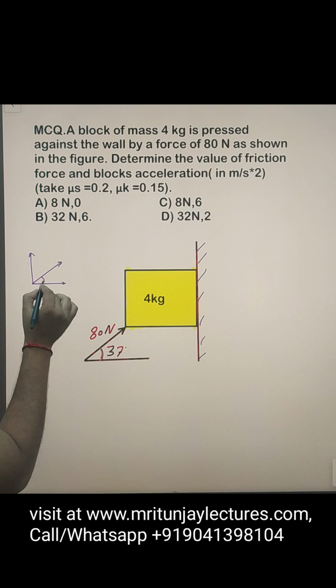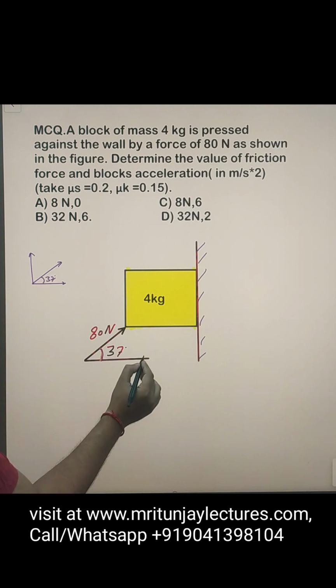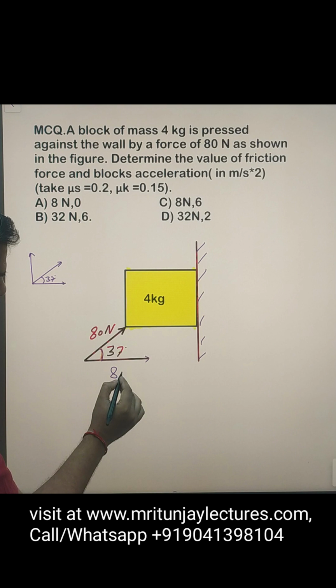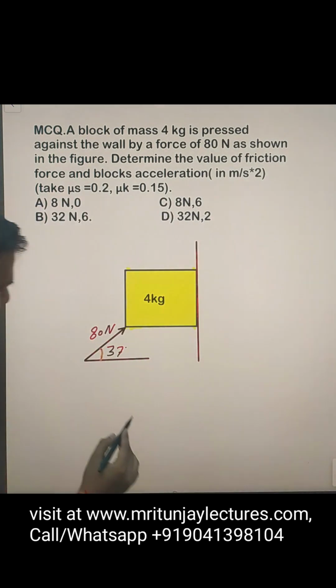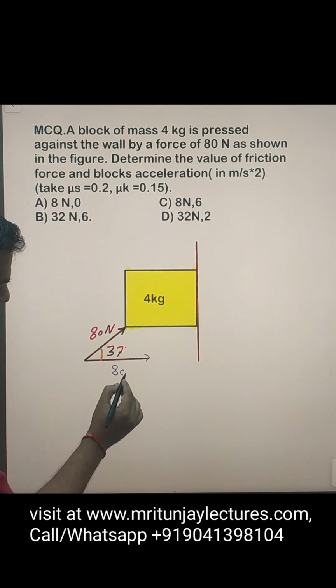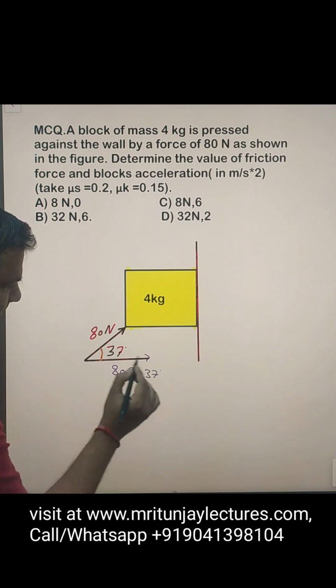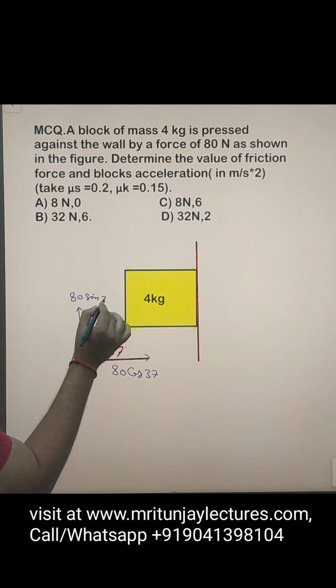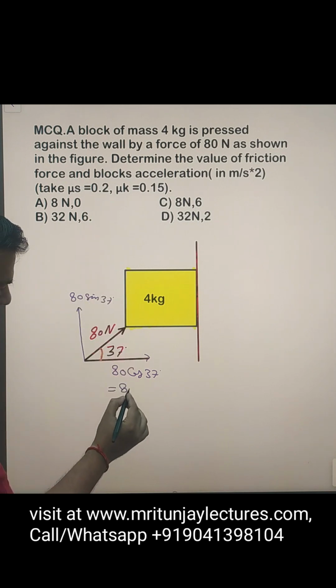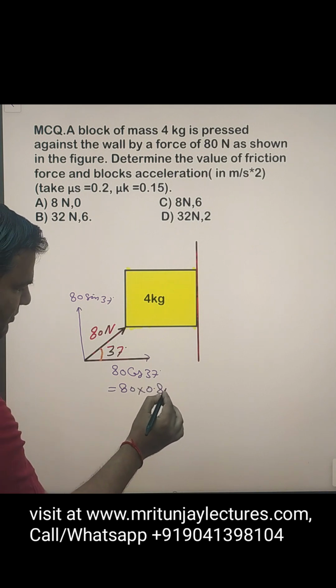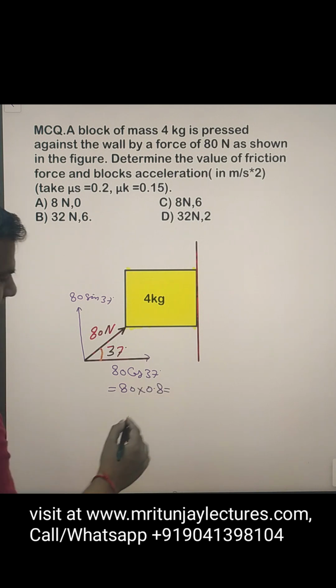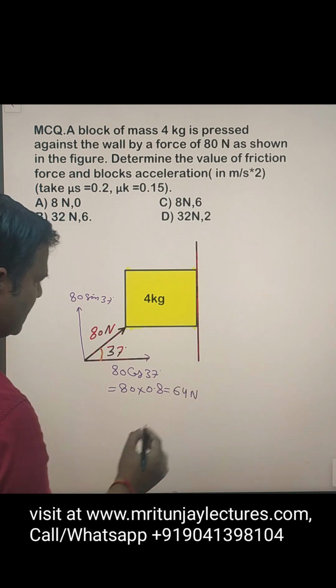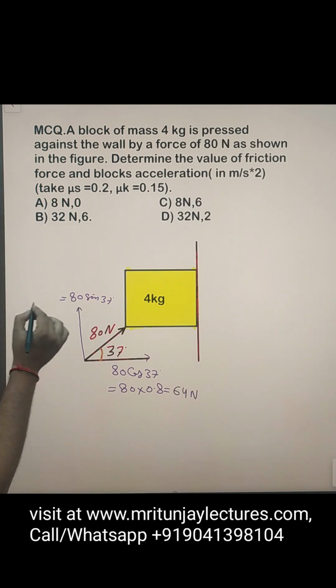So the components of 80 Newton along the x-axis and y-axis: here 80 cos 37 and here 80 sin 37. Cos 37 is 0.8, so 80 into 0.8 is 64 Newton, and sin 37 is 0.6, so 80 into 0.6 is 48 Newton.